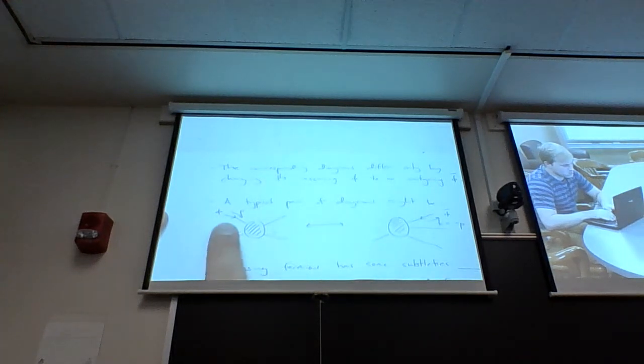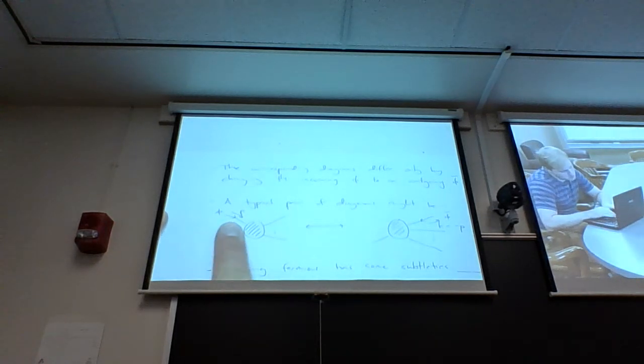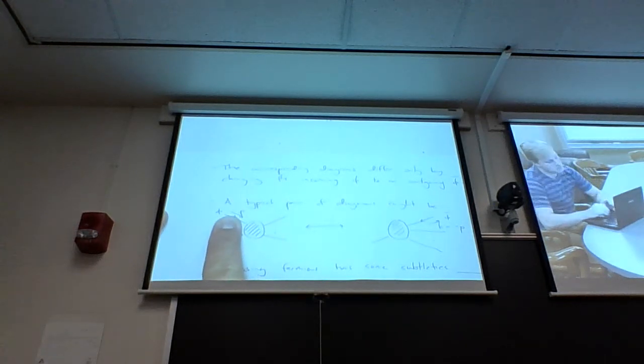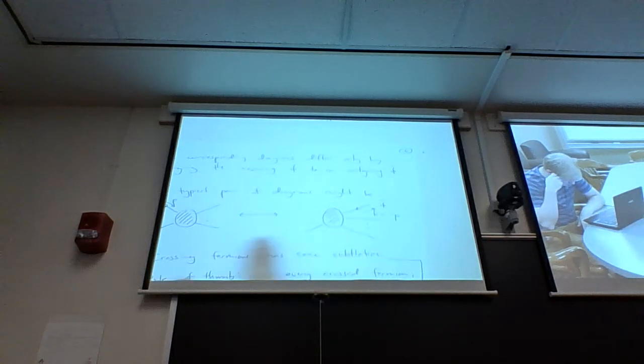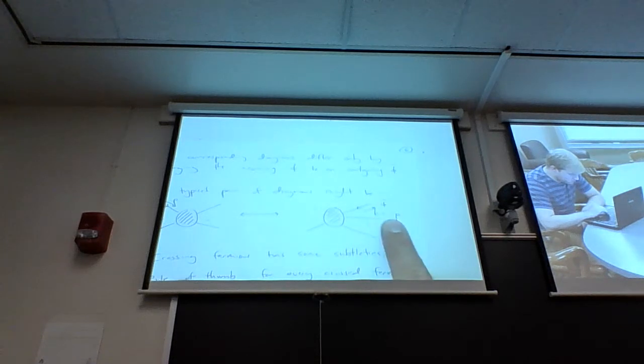So here I have some multi-leg process with a phi in the initial state coming in with momentum p. Using crossing symmetry, that would be equal to this process where I still have the same other particles, but I've interchanged the incoming phi with an outgoing phi bar, the antiparticle, which has momentum opposite the momentum going here. All right.